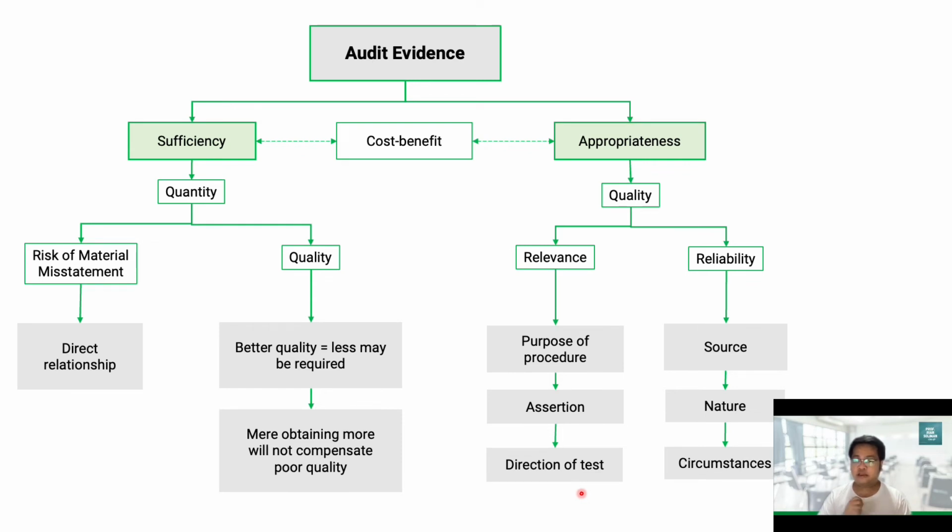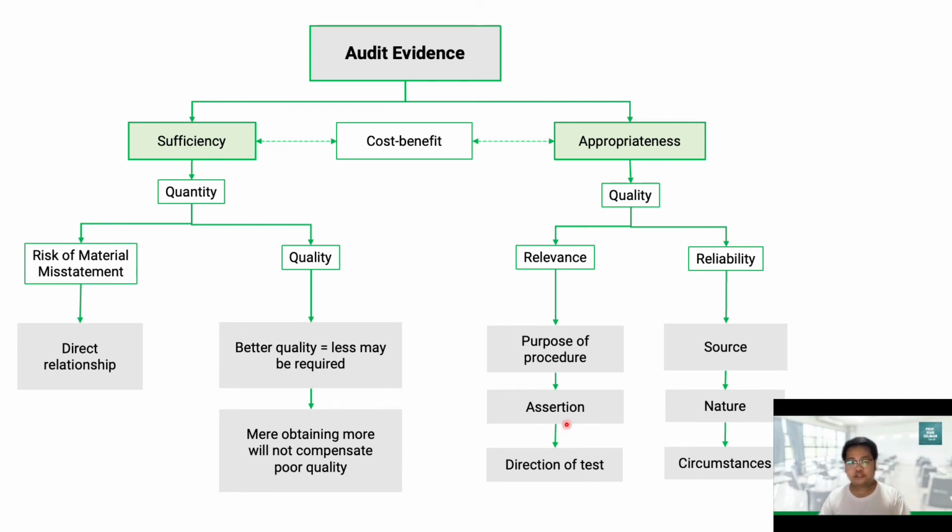test. So if, for example, you are testing existence, but you started from the source document, going back to the accounting record, then that type of evidence would be considered as low quality or poor quality because it would not address our objective to test the existence or occurrence of the assertion. Conversely, if what you are testing would be completeness, then high quality evidence would be those starting from the source document going back to the accounting records.